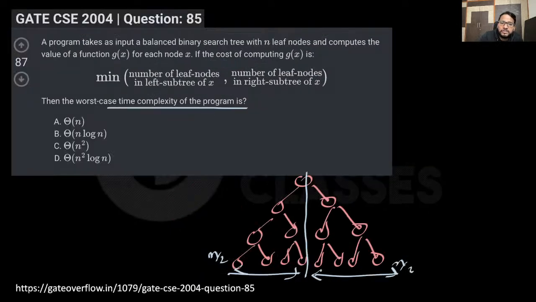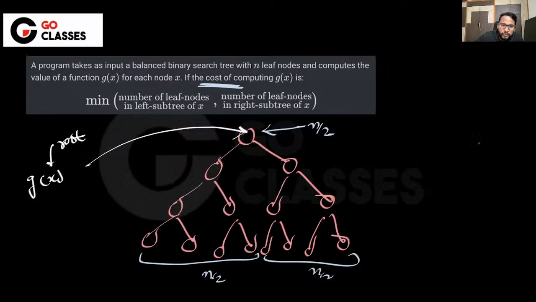they're asking what time complexity this program will take if you want to compute gx for every node. For each node, if you want to compute gx, then what will be your total time complexity here? So let me just explain the question again, maybe you will understand. See, this is the gx which is given to us.